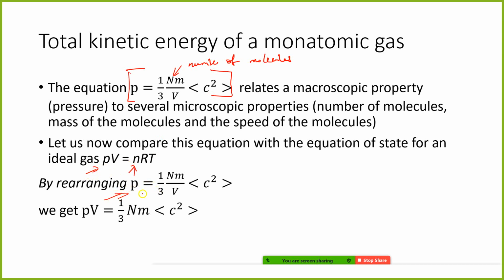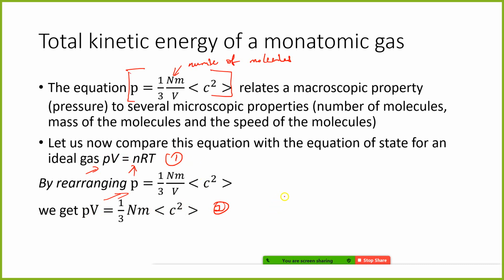When you rearrange that equation, we get that PV is equal to 1/3 of N times m times the mean square speed. As you can see, we can compare the equations now because we have PV here and PV in the other equation. So this is the first equation, this is the second equation.